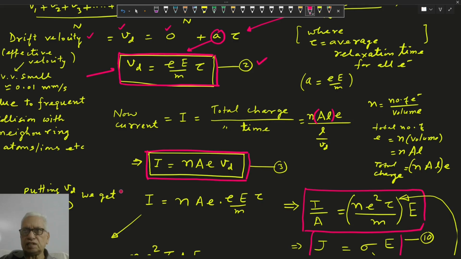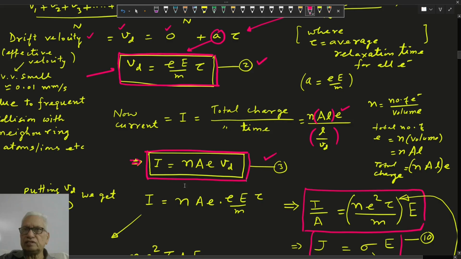So nAL is the total number of electrons, multiplied by the charge of the electron gives the total charge. nALe is the total charge on this conductor. Time is distance L divided by Vd, the drift velocity. L cancels out.